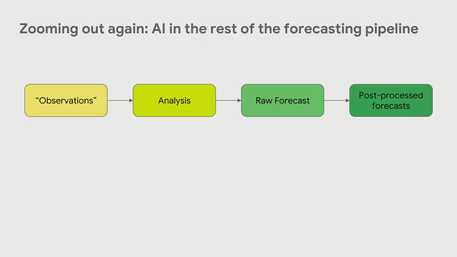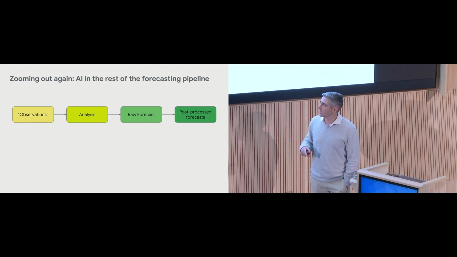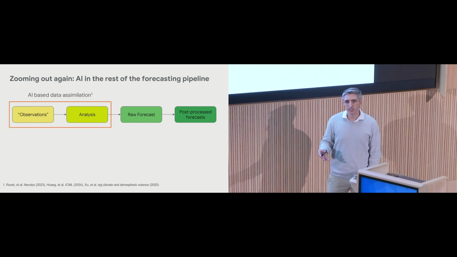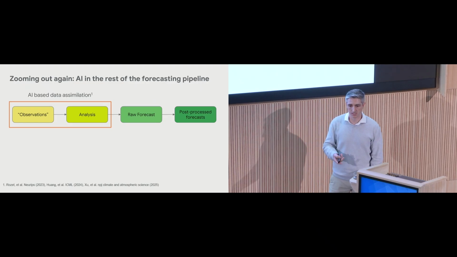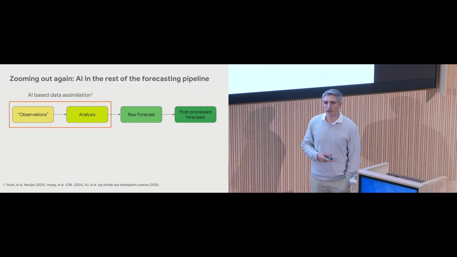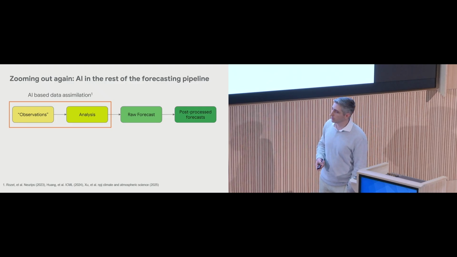Okay, very briefly, let's zoom out again to the rest of the pipeline. We've walked through some of the big developments in medium range forecasting. As you've already heard today, there has been and is ongoing work in trying to do this first process, this inverse problem, with machine learning based methods.